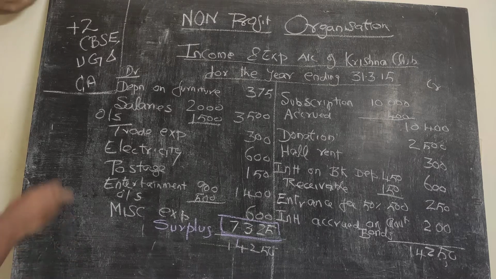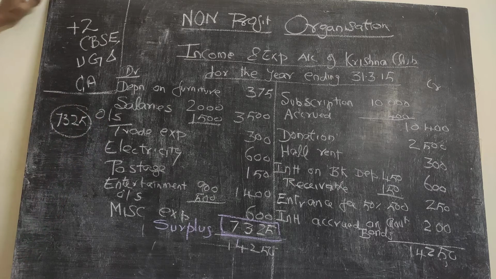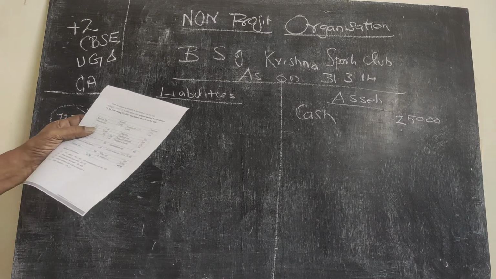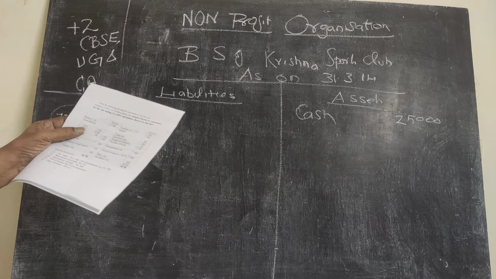Now I go for the opening balance sheet. The balance sheet of Krishna Sports Club as on 31st March 2014. Opening cash I am taking 25,000. In addition to that, subscription for 2013 received in 2015 is 10,000.